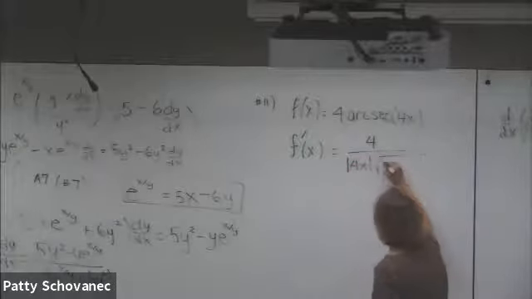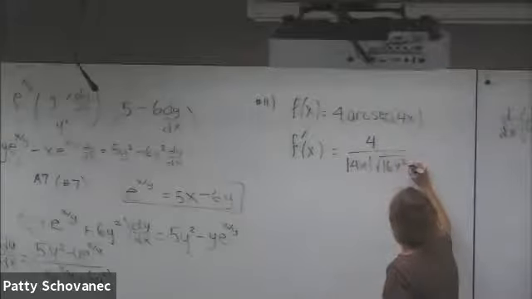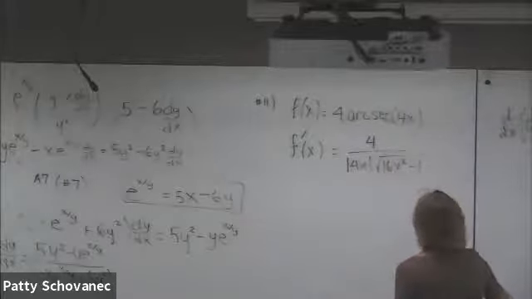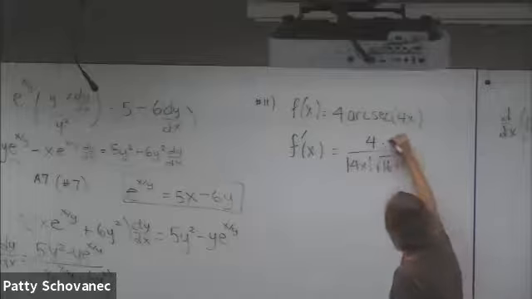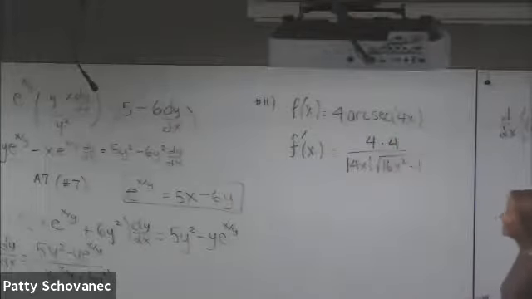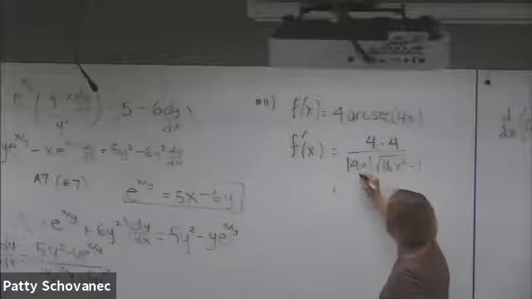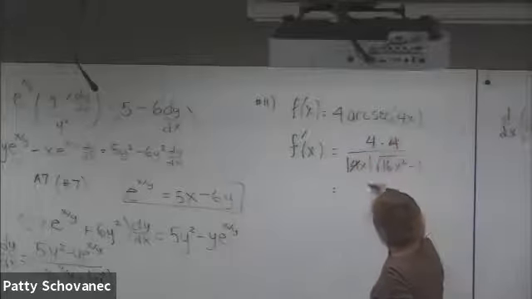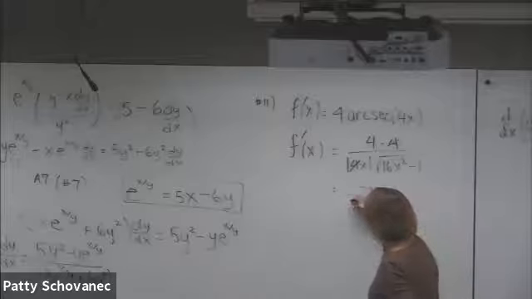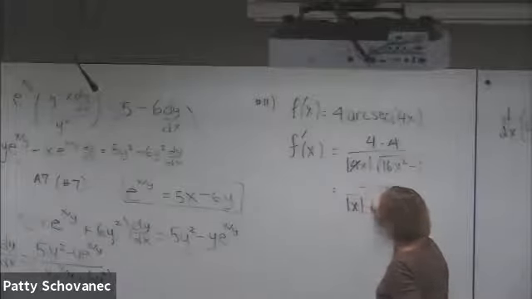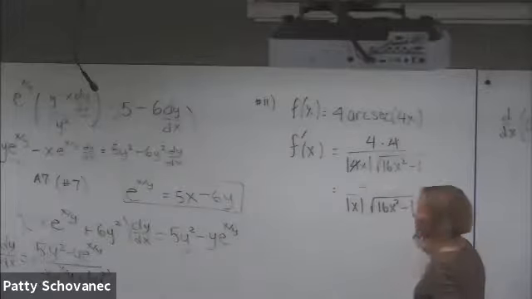And then 4x all squared is going to give me a 16x squared. And then the derivative of the 4x is going to give me yet another 4. So one of those 4's can cancel here, and we get 4 divided by the absolute value of x times the square root of 16x squared minus 1.